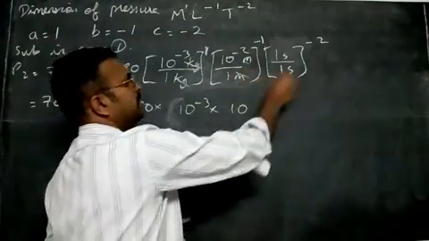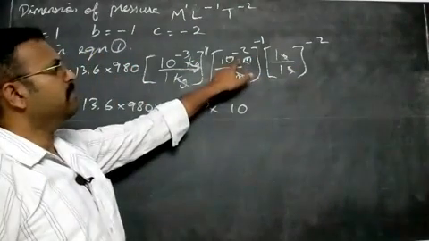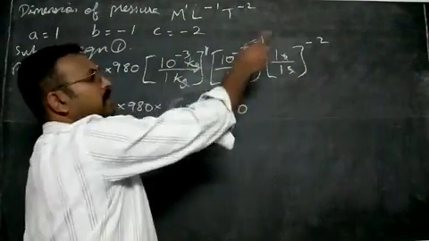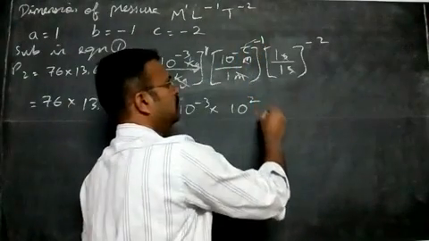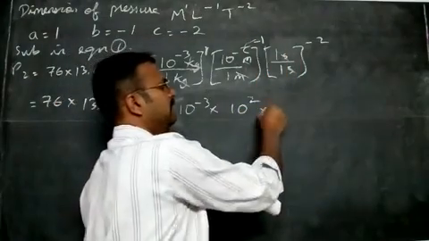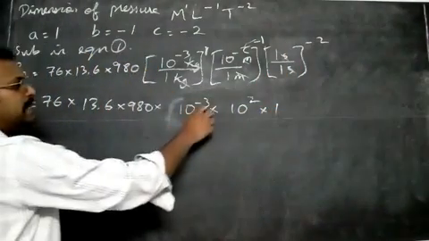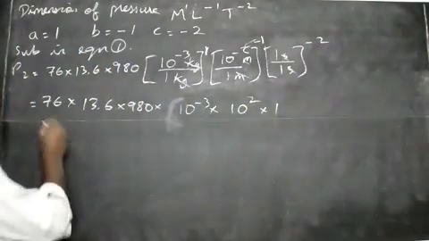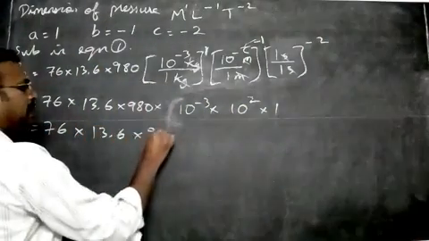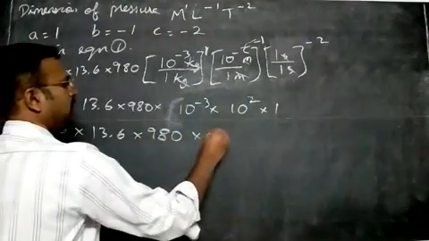Meter and meter will cancel, second will cancel. This is (10^-2)^-1, so minus into minus will become plus. So 10^2, and here this will become 1. 1 power anything is 1 only. So 10^-3 times 10^2 is 10^-1. So 76 into 13.6 into 980 into 10^-1.